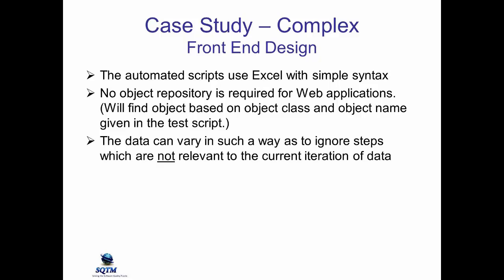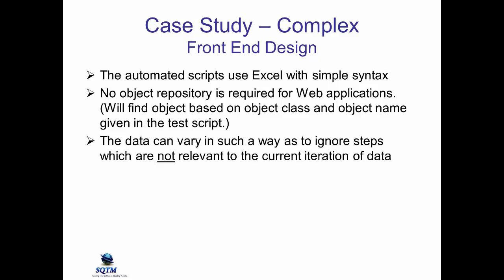So also, and we'll look at some examples, the design was varied so the data could ignore steps that weren't relevant to that current iteration of data. So you have a scenario that goes step by step by step. Iteration 1 may require all those steps, all those objects to interact with. Iteration 2 may only require half of them.